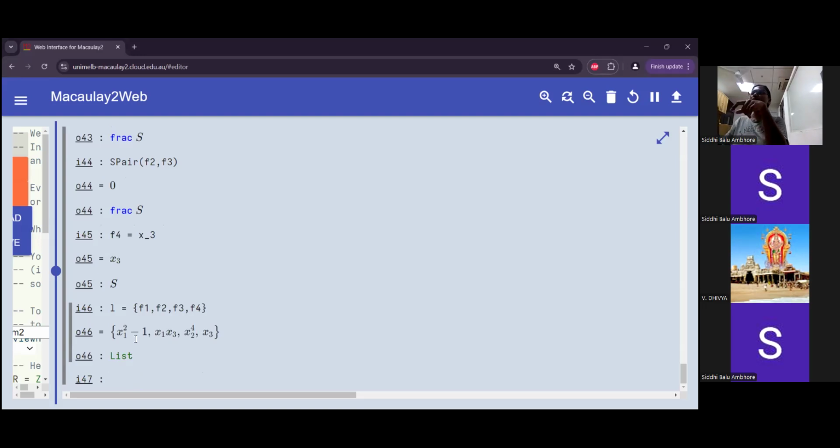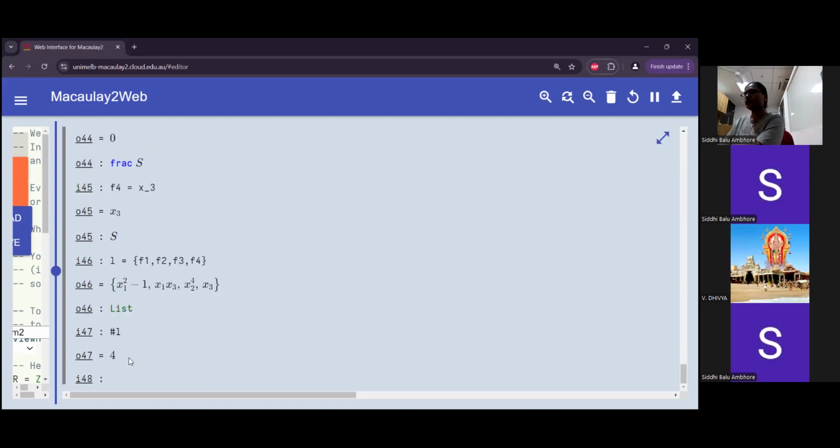And now I will use this list to calculate all the S pairs. So for i from 0 to, so indexing of Macaulay 2 starts with 0, okay. The hashtag is used to find the size of a list. So it has 4 elements.